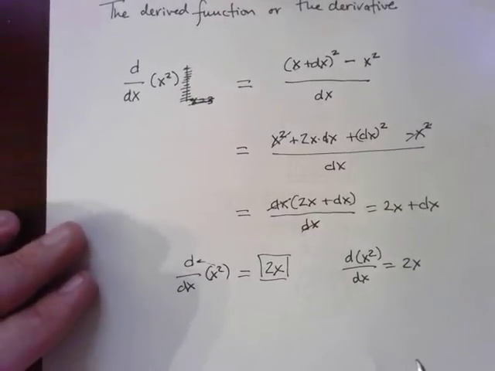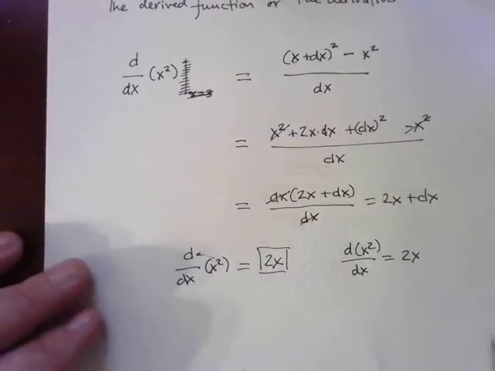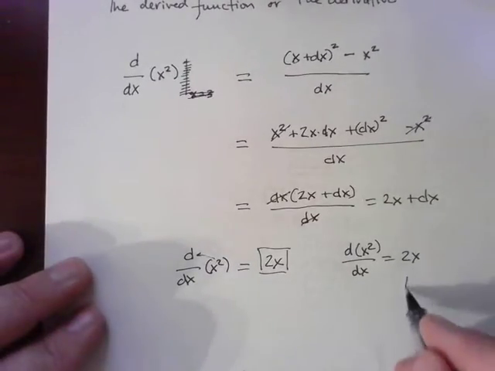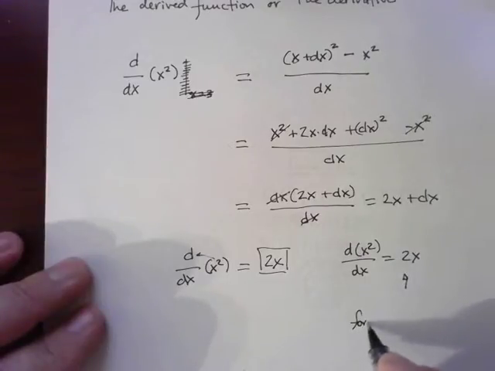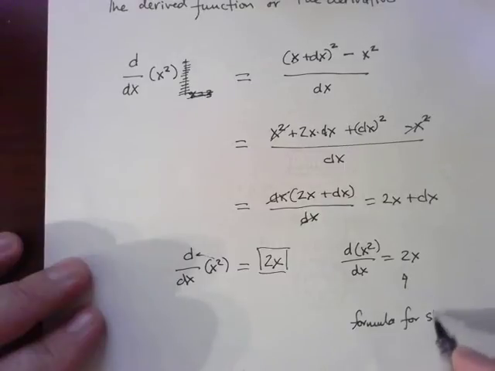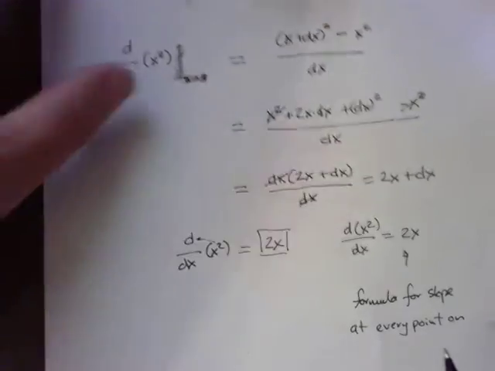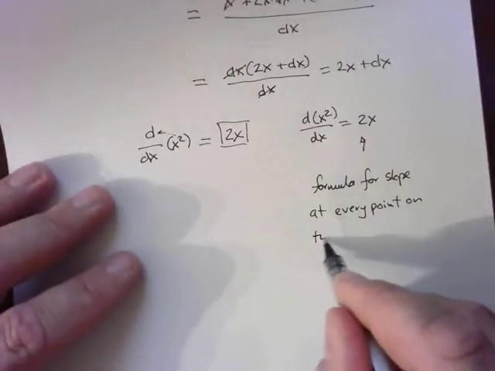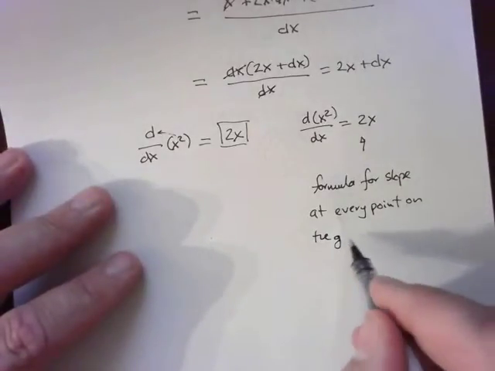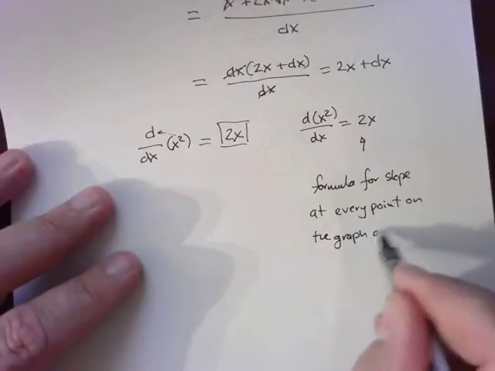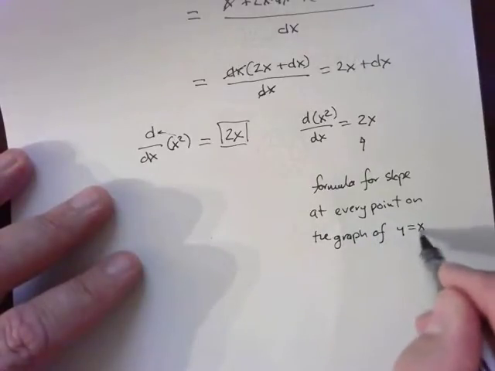So what does this mean? Well, this is a formula for the slope at every point on the graph of y equals x squared.